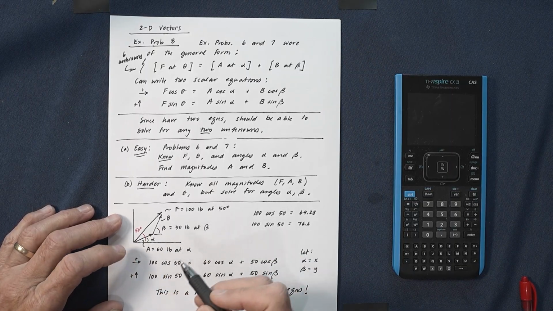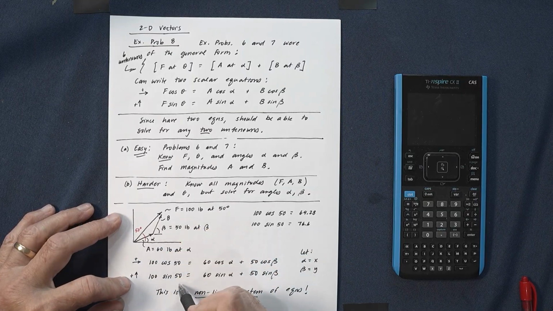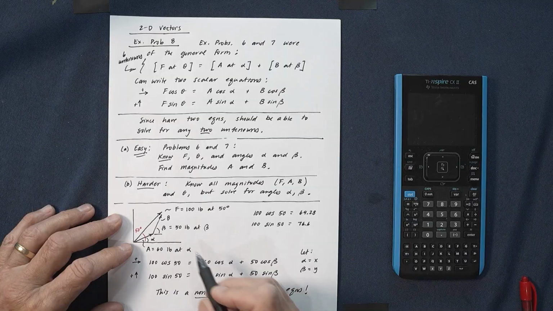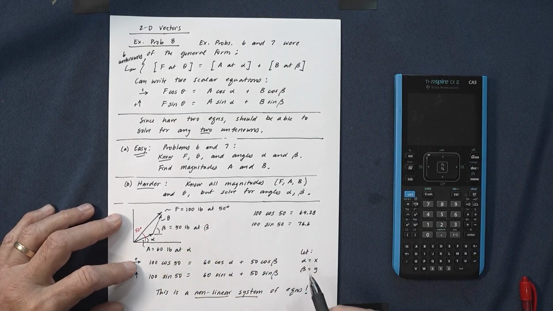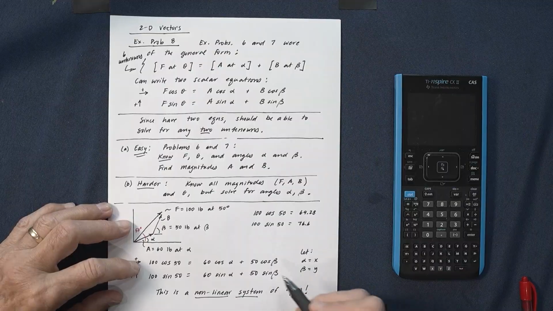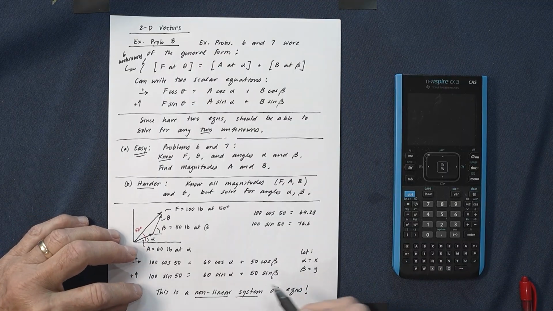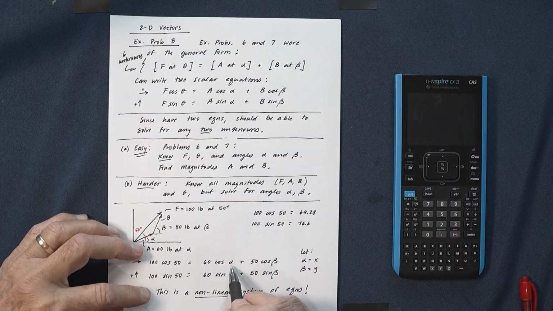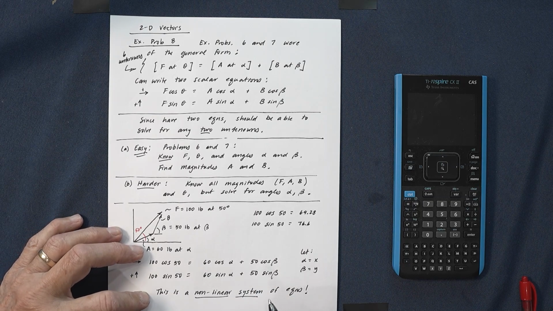In my vertical direction, I have 100 sine 50 is equal to 60 sine alpha plus 50 sine beta. And so this gives me 2 equations and 2 unknowns. However, this is not a linear system because these unknowns, alpha and beta, are within these cosine functions. I can't write a simple matrix solution of this.